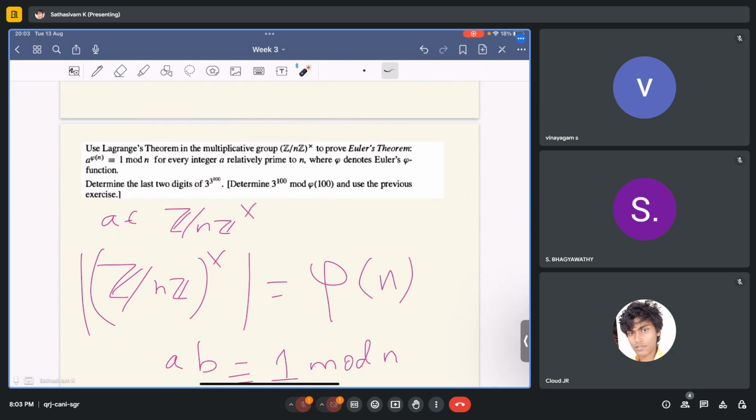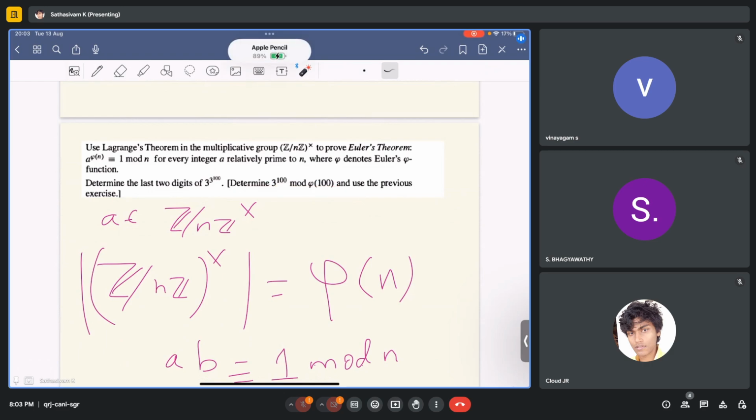We are going to use some modular arithmetic. Here's a hint: determine 3 to the power 100 mod 100. I will give you 2 minutes so that you can think about what exactly we have to do.